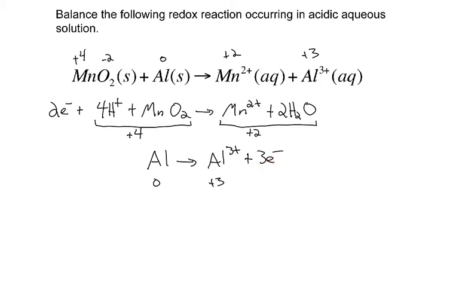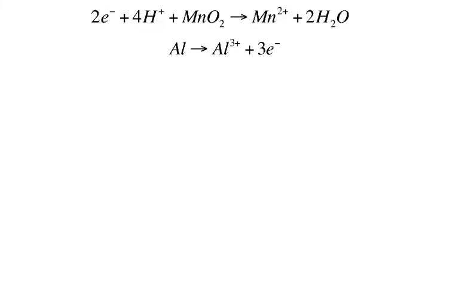Now to give myself a little bit more space, I'm going to go to a new slide. The 2 half reactions that we balanced on the previous slide are shown at the top. What I need to do now is add my 2 half reactions back together to get the complete reaction. But in doing that, I need the electrons to cancel out.